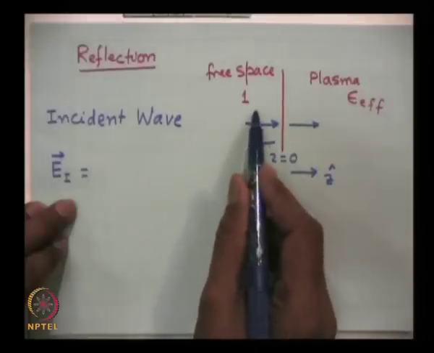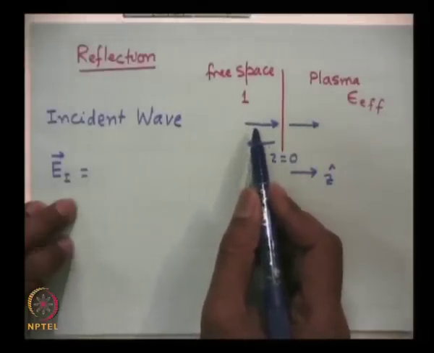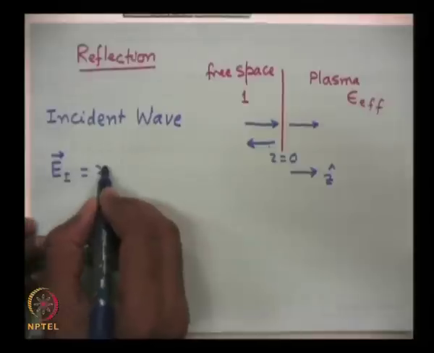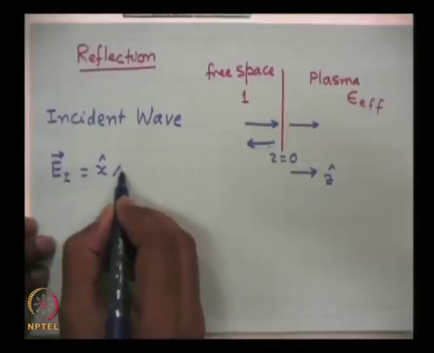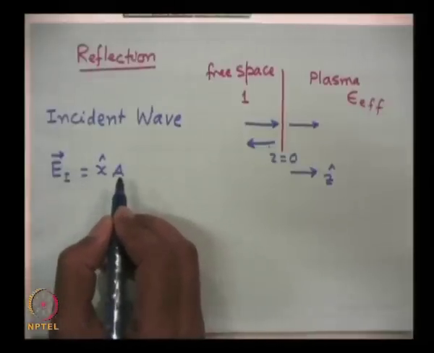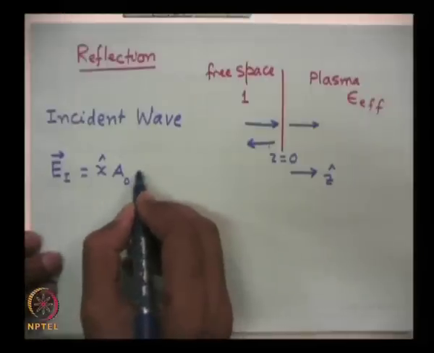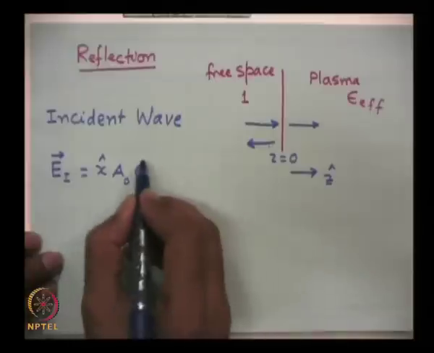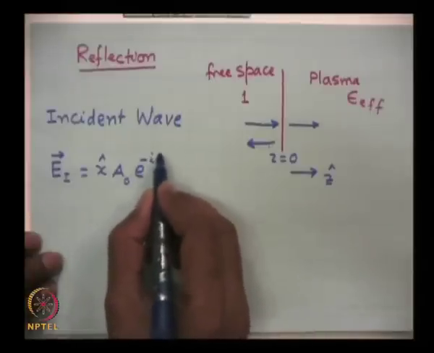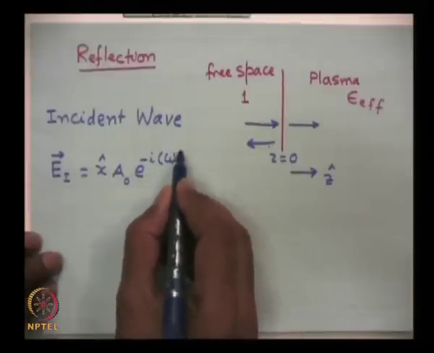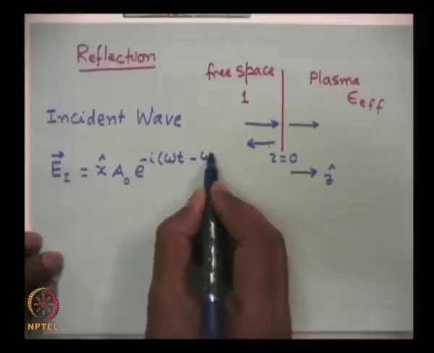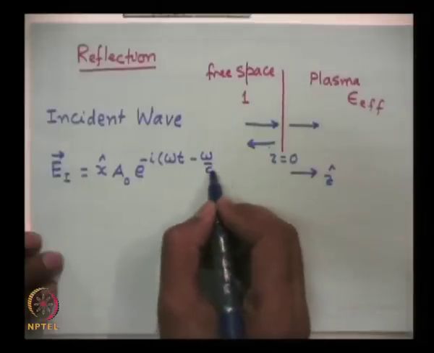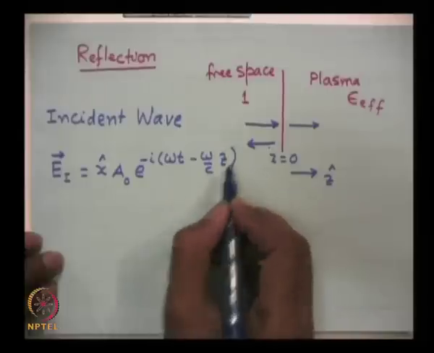So, either Ex is finite or Ey is finite, or both can be finite, but without any loss of generality I will choose this to be X polarized, and let the amplitude of this incident wave be A0, and this is a wave travelling in the positive z direction. So, I will write this as exponential minus i omega t minus, in free space, where the effective permittivity is 1, the propagation constant as omega by c z.